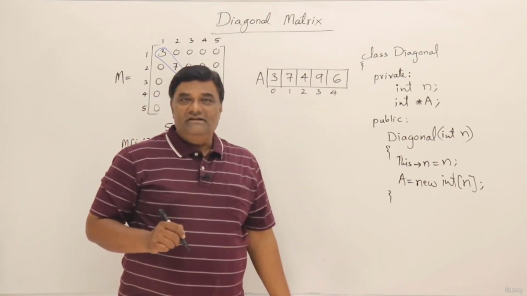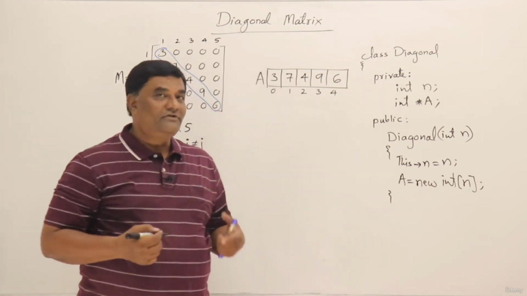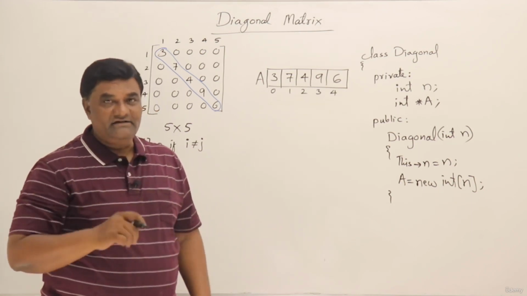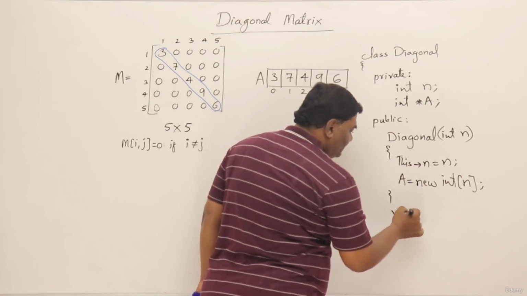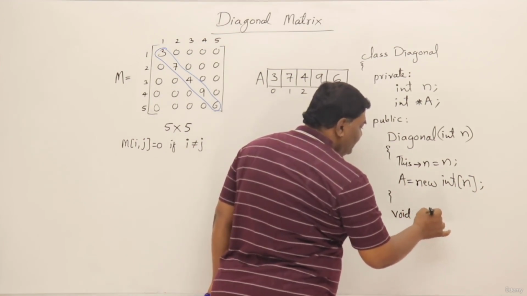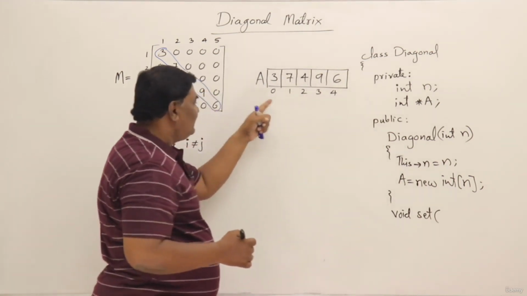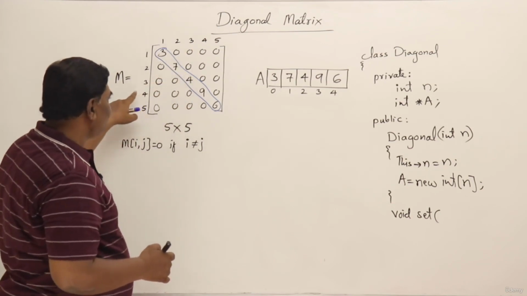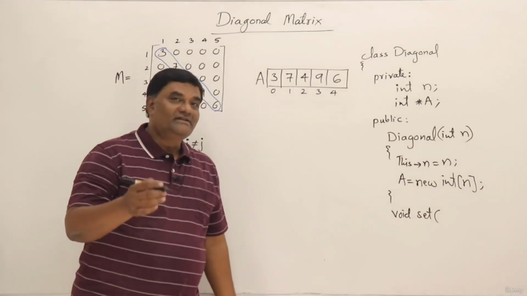Then what are the other functions I need? I need functions for storing the data and retrieving the data. So I will write those two functions. Void set. This set will store the data in this array, that is for this matrix. For a matrix, I need to know the row number and column number as well as the element.